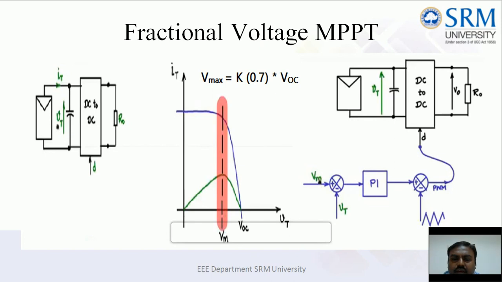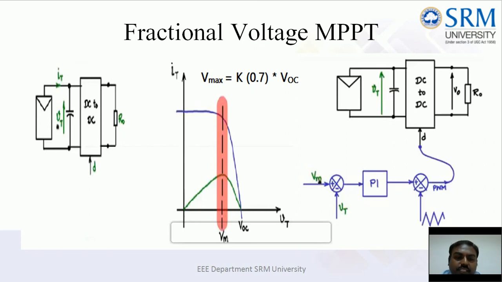And this will be quite easy for students to implement as a project, as well as for an application like a pumping system. For a simple application, it is not necessary that students should use a more complex algorithm. An algorithm like the fractional voltage MPPT algorithm or the fractional short circuit current MPPT algorithm will be more conducive.